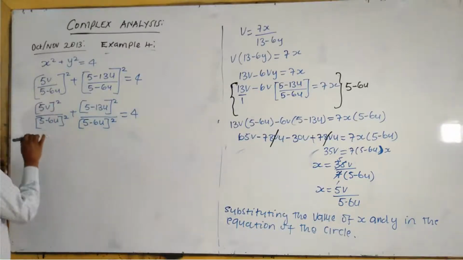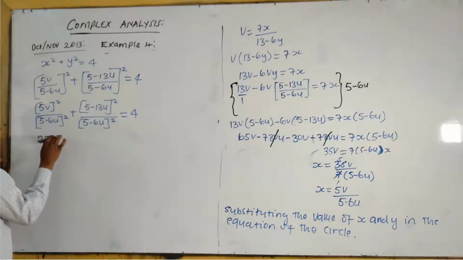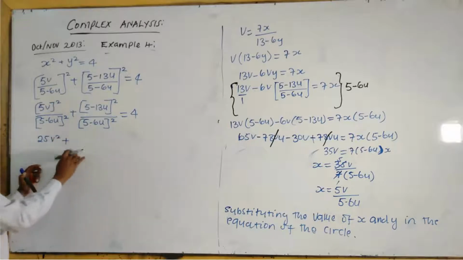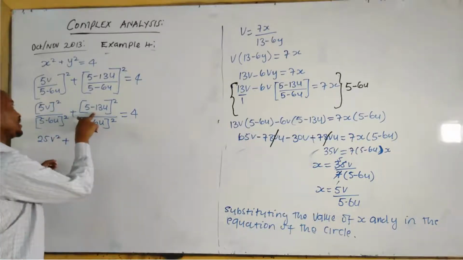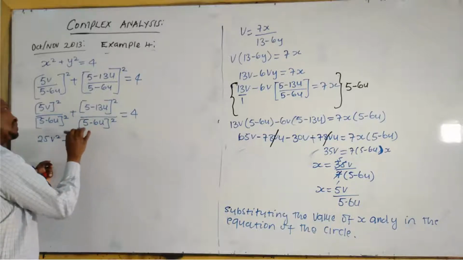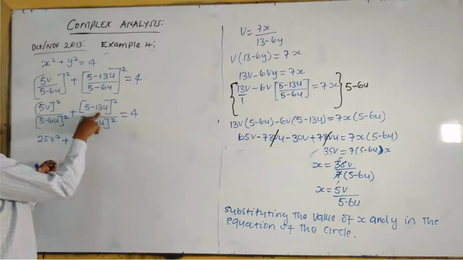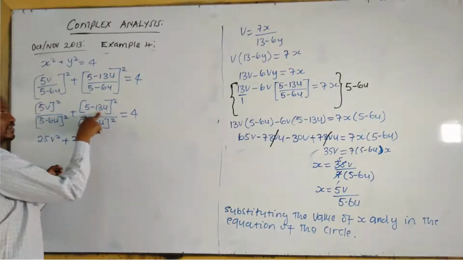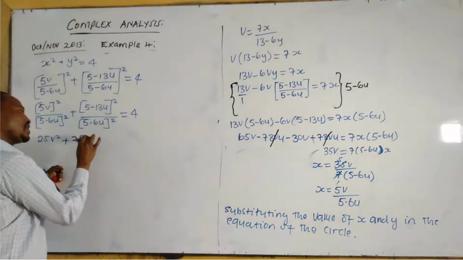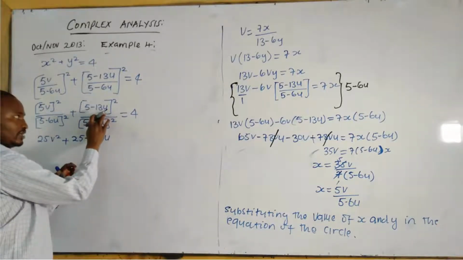If I square here it is 25v squared plus, you know how to expand this, let us expand. 5 squared is 25, 5 times 13 is 65, times 2 is minus 130u, plus 13 squared.